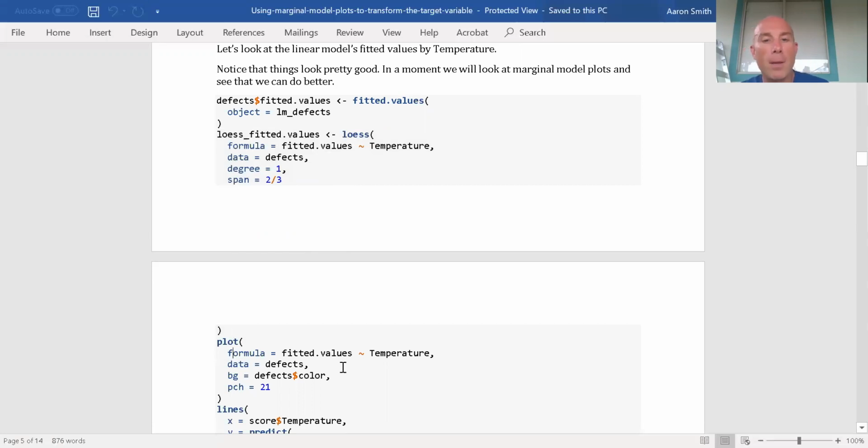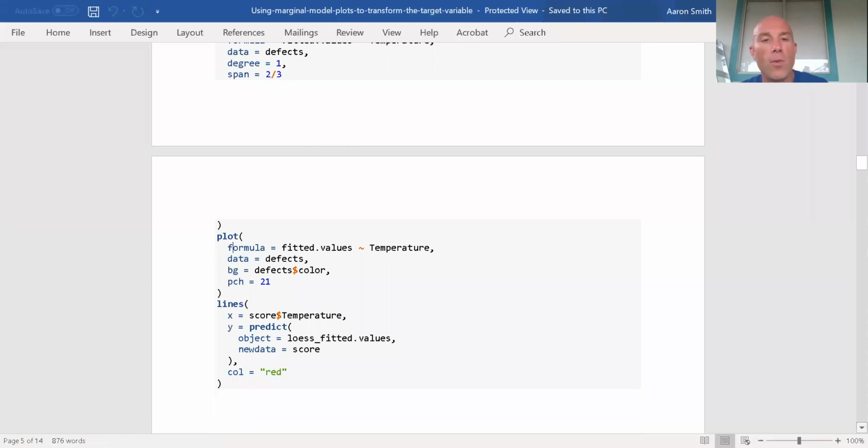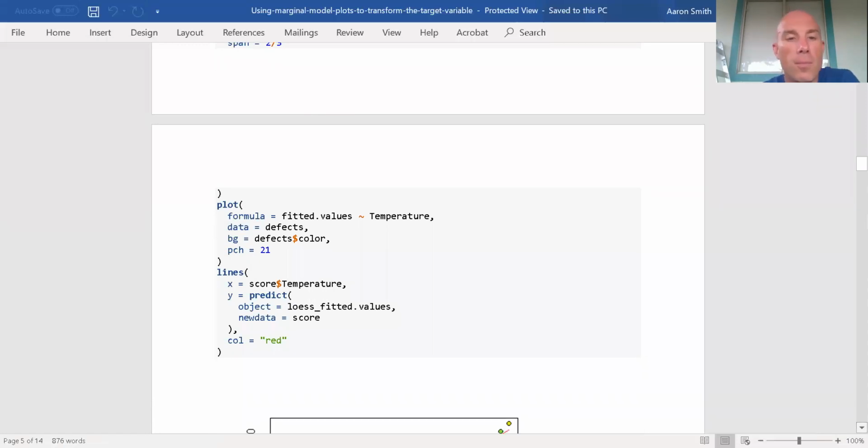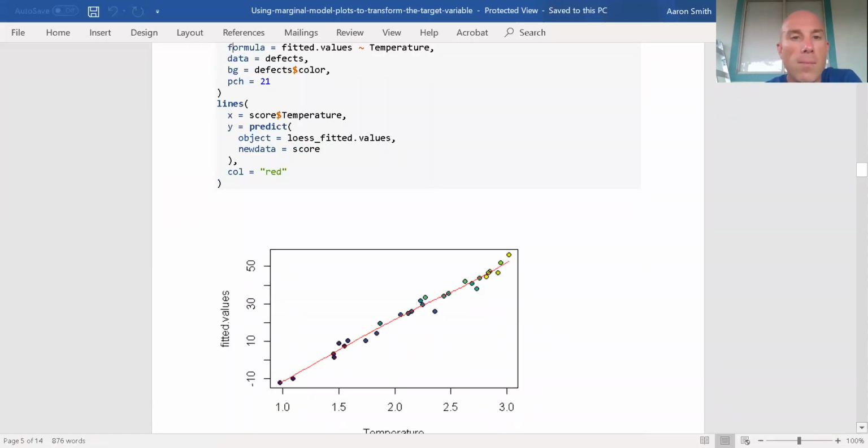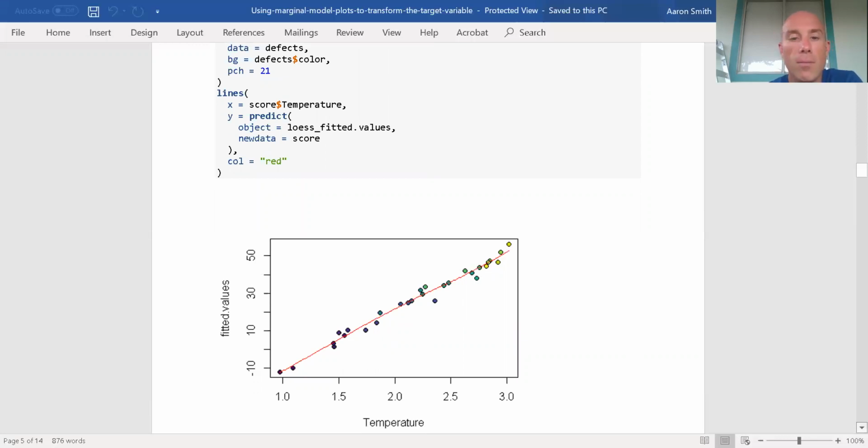Now let's go ahead and plot our fitted values versus temperature. And you notice that things are pretty tight. All right, so if I plot my observed values and I plot my predicted values, and it looks like a straight line, I probably have a pretty good model.